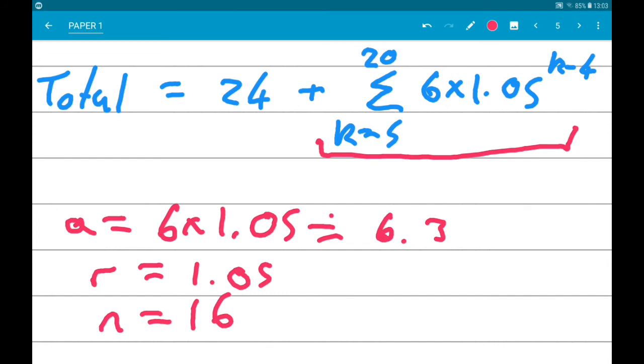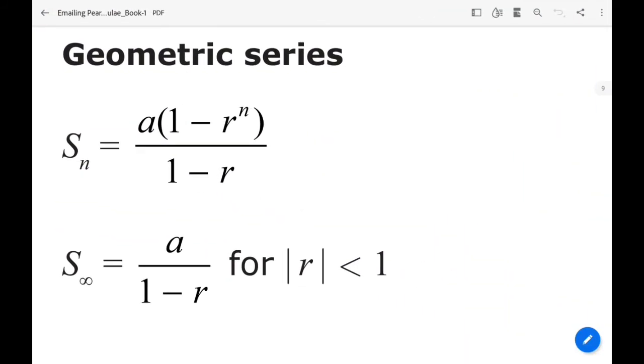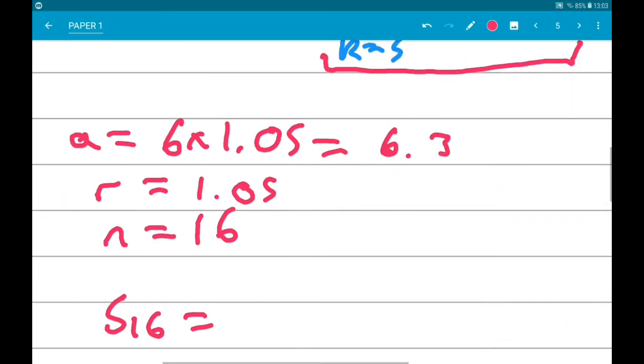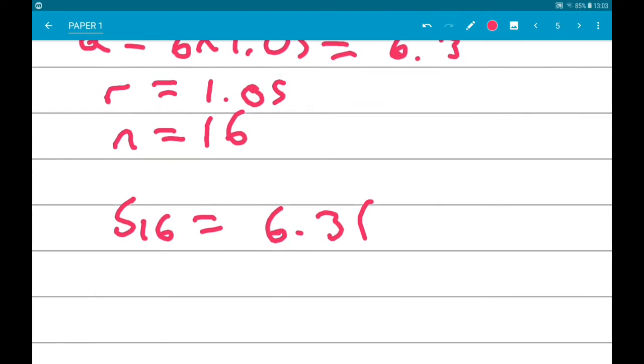So our sum is S16, which is, so A is 6.3, times 1 minus 1.05 to the power 16 over 1 minus 1.05.